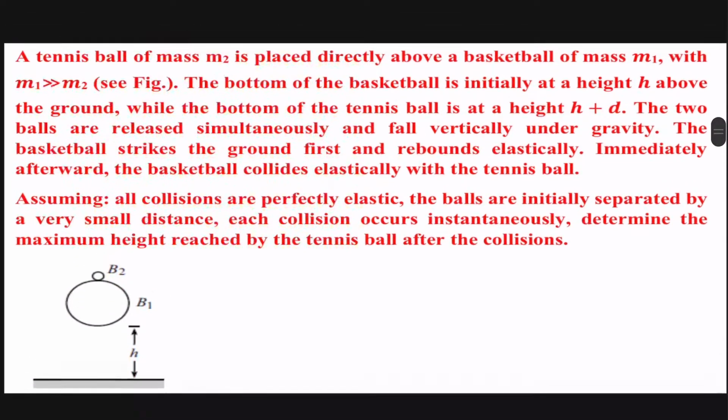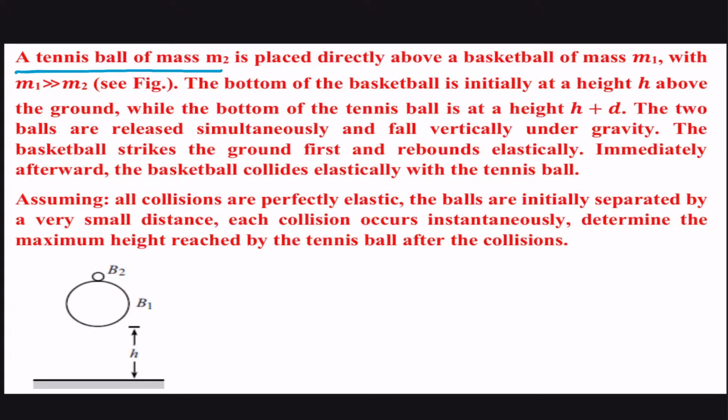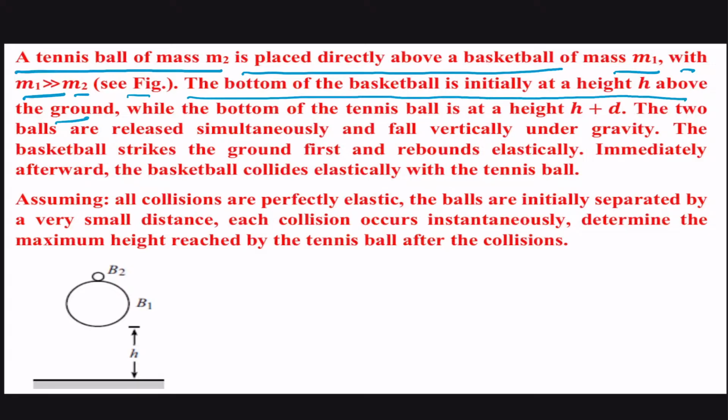In this second question, it states that a tennis ball of mass m2 is placed directly above a basketball of mass m1, with m1 much larger than m2, as in the figure. Okay, so the figure is given to us. The bottom of the basketball is initially at a height h above the ground, while the bottom of the tennis ball is at a height of h plus d.